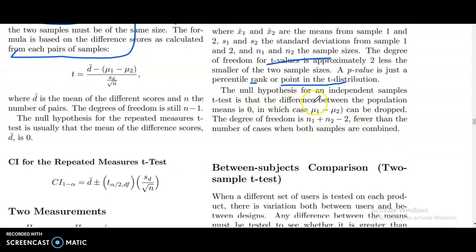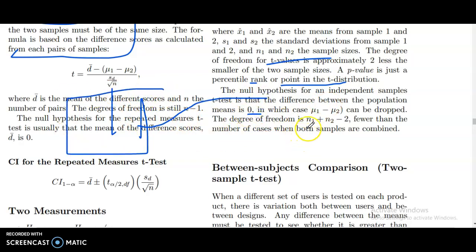The null hypothesis for an independent samples t-test is that the difference between the population means is 0, in which case mu1 minus mu2 can be dropped.